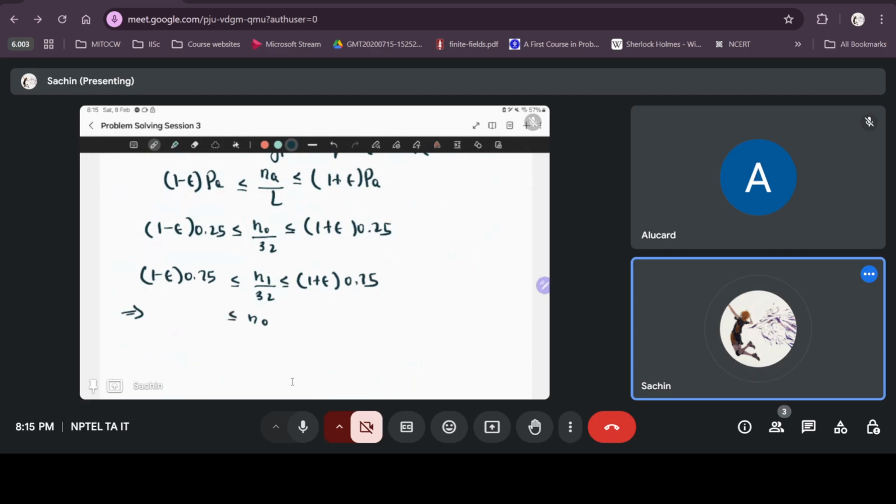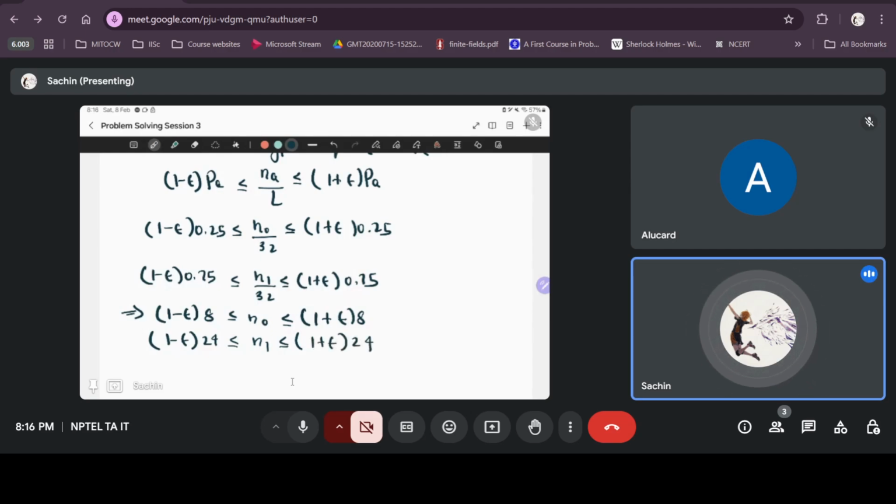which implies n0 is between 1 minus epsilon times 8 and 1 plus epsilon times 8, and n1 is between 1 minus epsilon times 24 and 1 plus epsilon times 24.